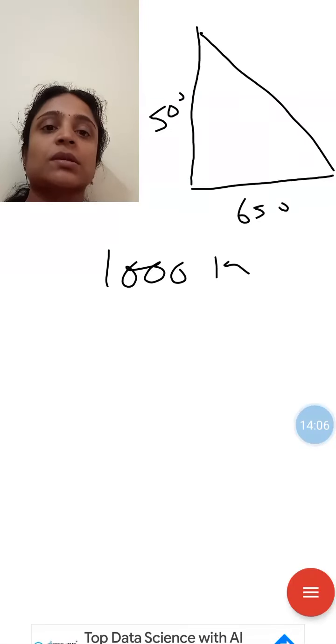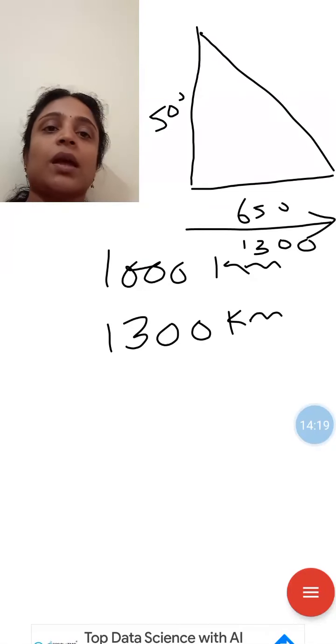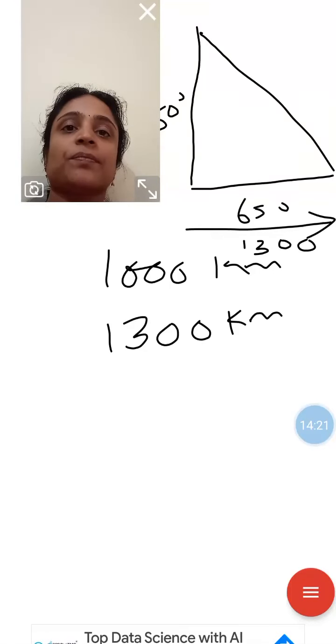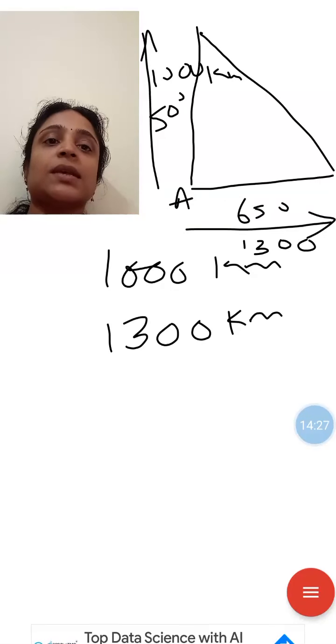And the other aeroplane will travel 650 into 2, that is 1300 kilometers. So this distance is 1300 kilometer and this distance is 1000 kilometer. Let us name this as A, B and C. So BC, this is a right angled triangle.